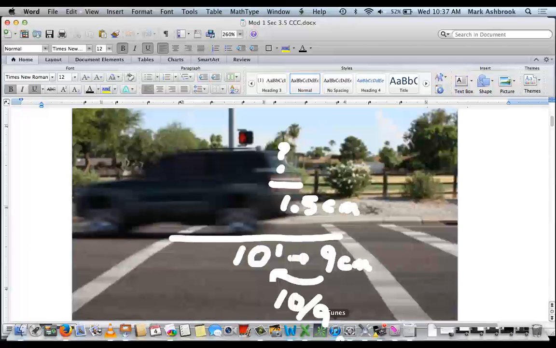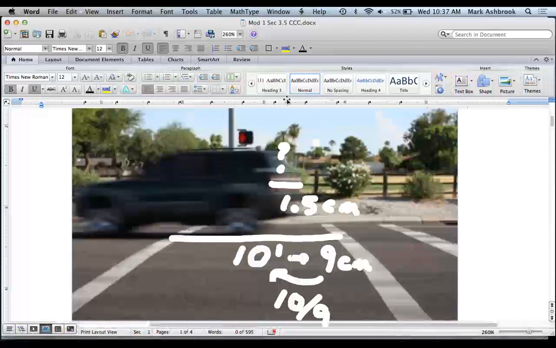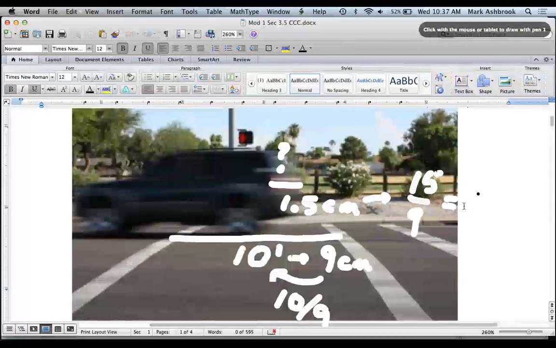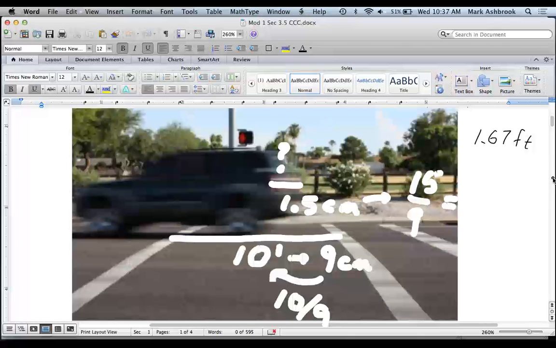So we're scaling 9 centimeters up to 10 feet, so we also want to scale 1.5 centimeters by 10/9. That will be the number of feet that it moves. So what's 1.5 times 10/9? 15/9, and what is that? 1.67 feet. Did you get something in that ballpark?